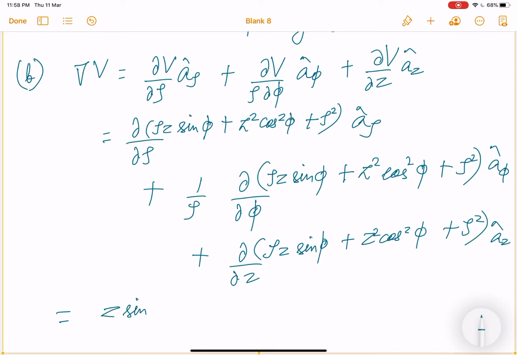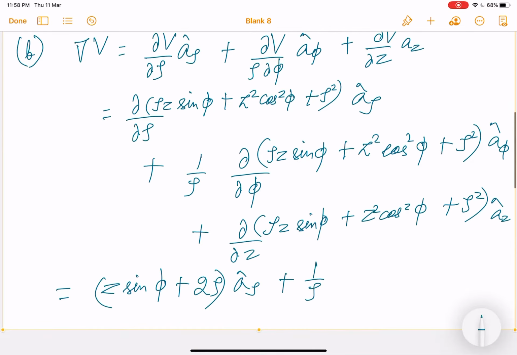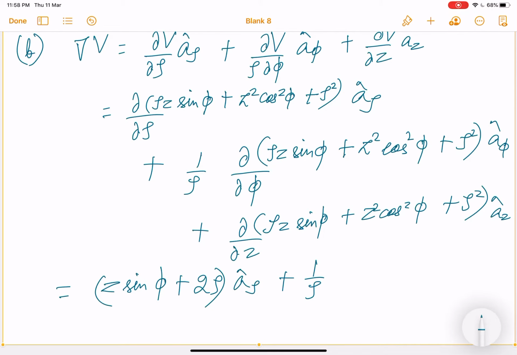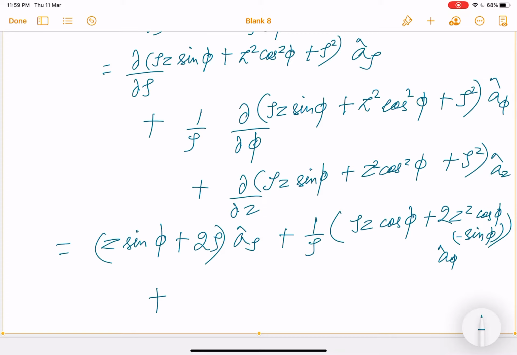This is (z sinφ + 2ρ), because z² cos²φ becomes 0 as there's no ρ term there, a_ρ cap. Then 1/ρ, and now differentiate those terms where φ is present, with ρ and z constant. The derivative of sinφ is cosφ, and for cos²φ it will be 2 cosφ times minus sinφ, so you write minus sinφ. Then this much a_φ cap. Next, differentiate z, others constant: ρ sinφ plus 2z cos²φ a_z cap.